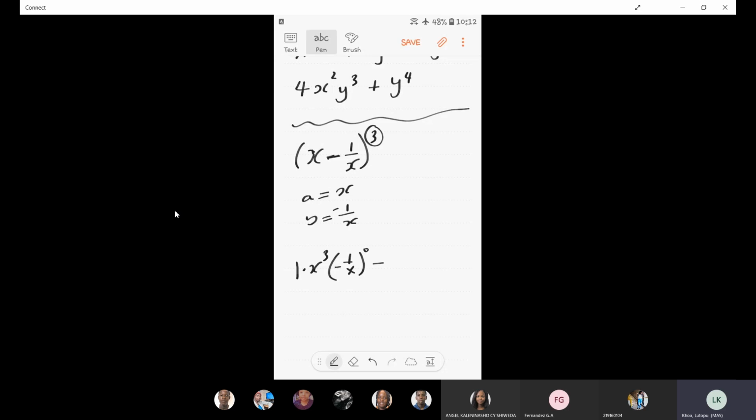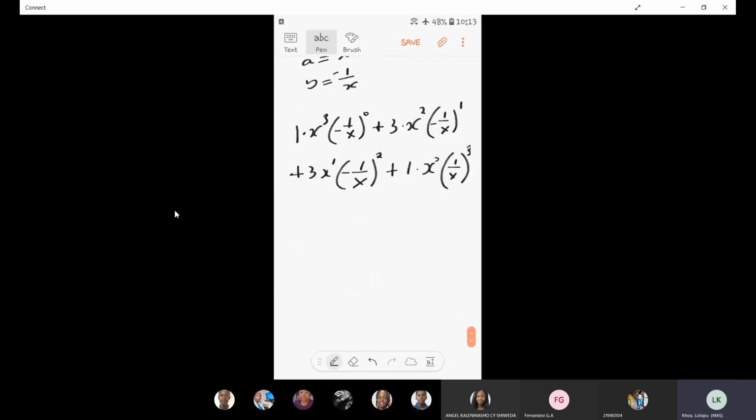And then plus 3 times x to the power of 2 minus 1 over x to the power of 1, plus 3 x to the power of 1 times minus 1 over x to the power of 2, then plus 1 x to the power of 0, and then I have 1 over x to the power of 3.